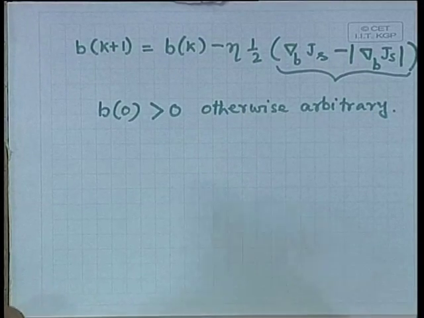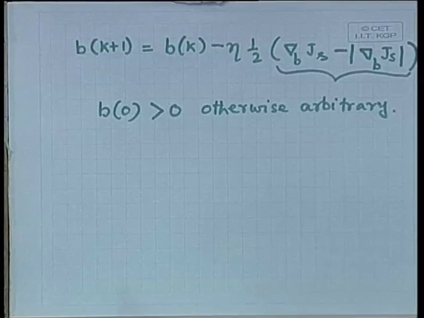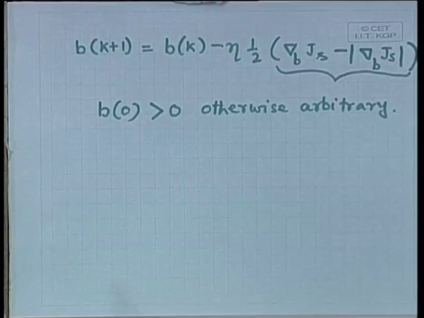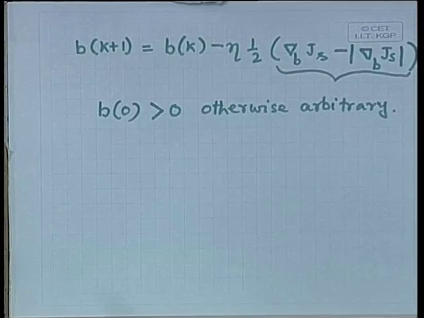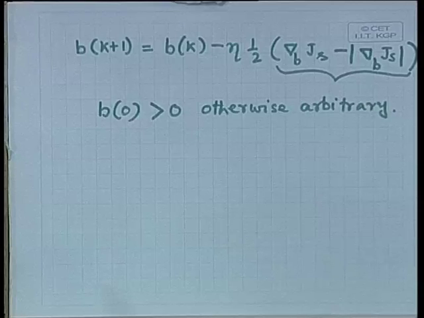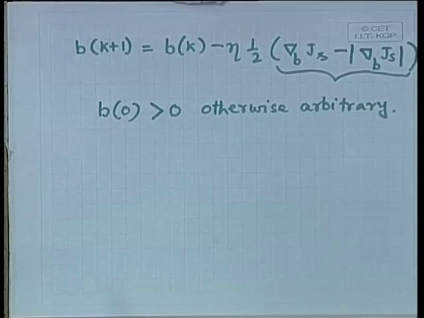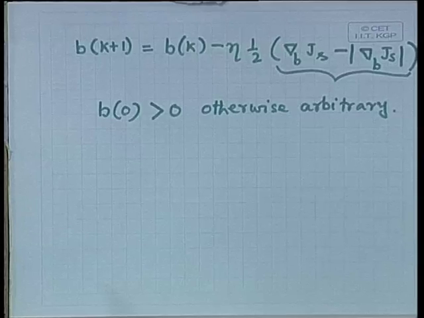Sir, here the modulus of gradient B J s, is it a scalar or vector? Is it the magnitude of the gradient vector? It is the magnitude of every component of the gradient vector.